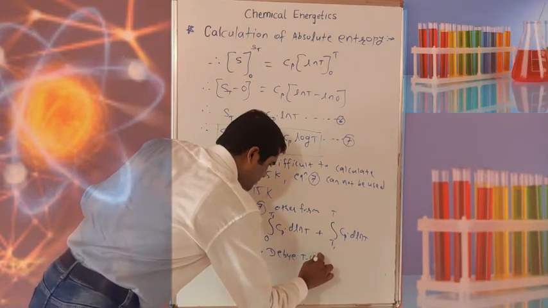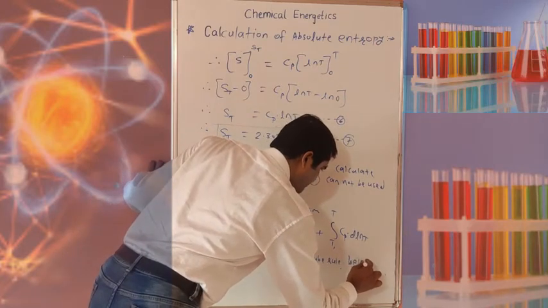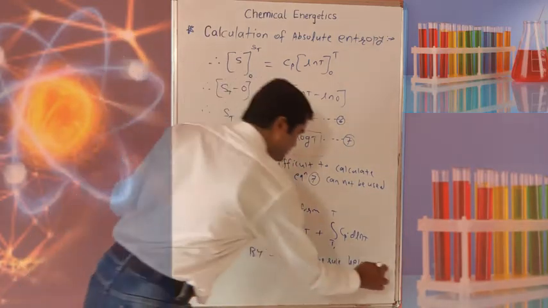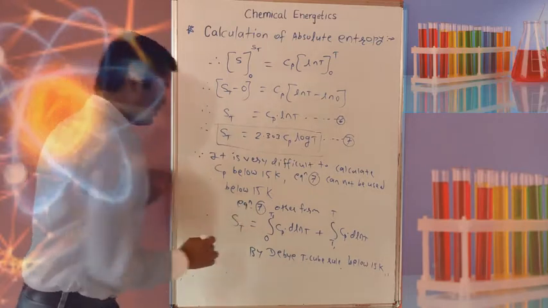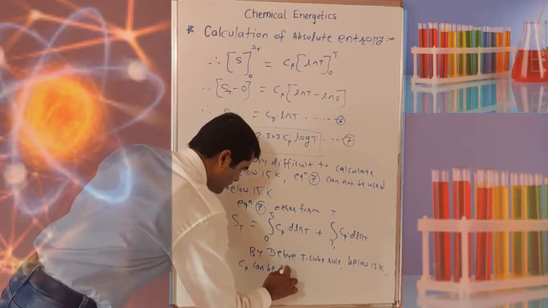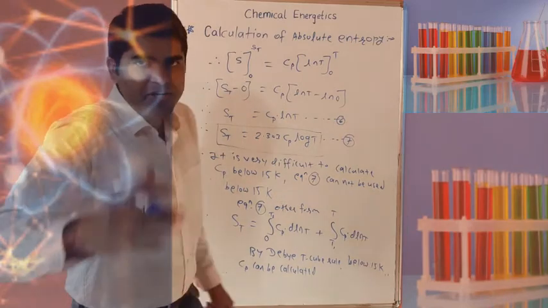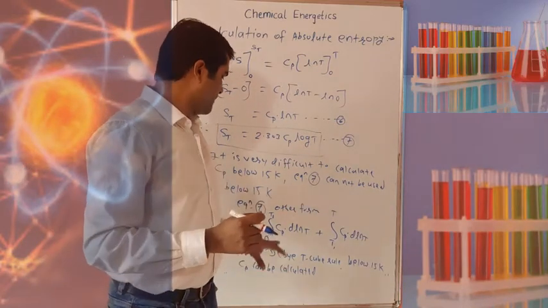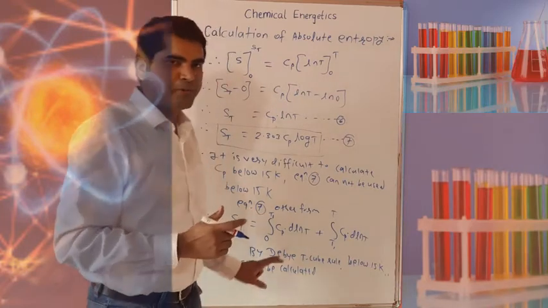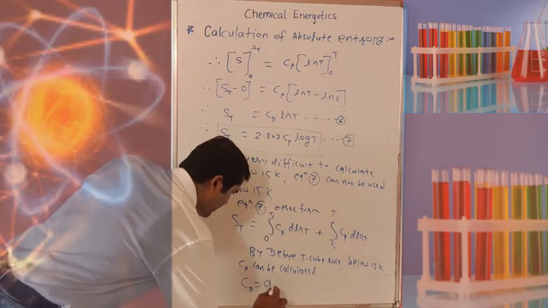By Debye T-cube rule, below 15 Kelvin Cp can be calculated. So below 15 Kelvin it is very difficult to calculate Cp, but by using Debye T-cube rule we can calculate Cp below 15 Kelvin also, and that Debye T-cube rule is Cp is equal to A T-cube.